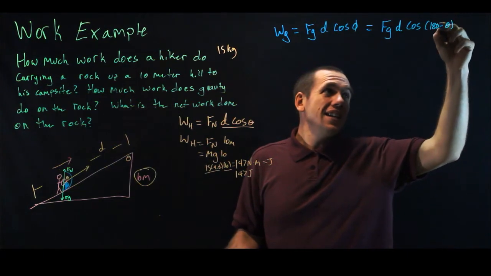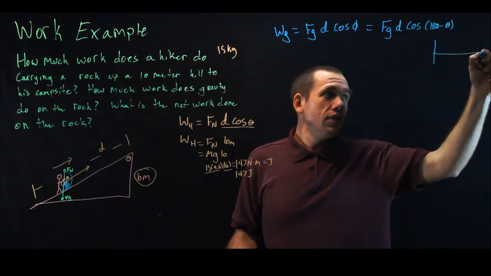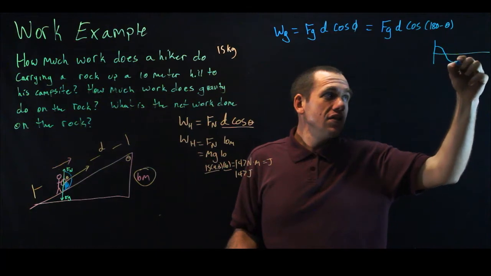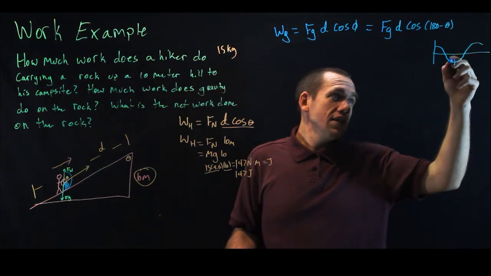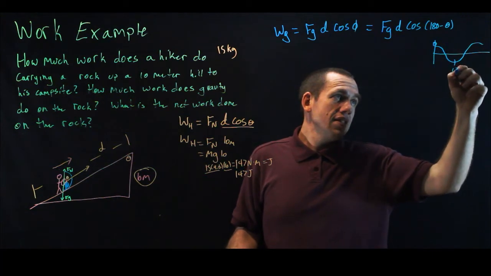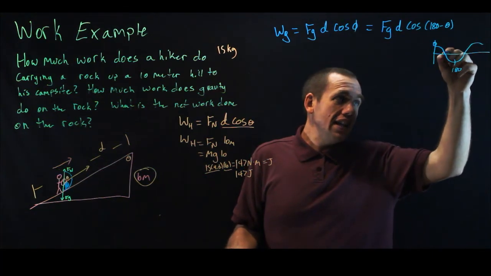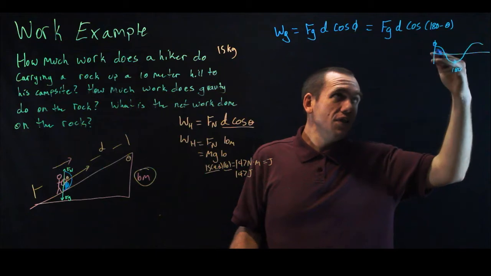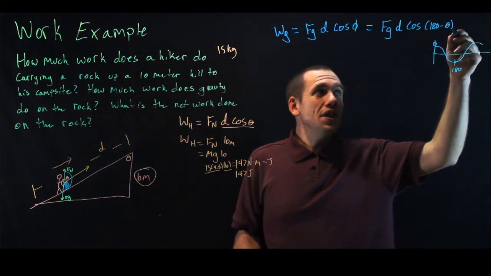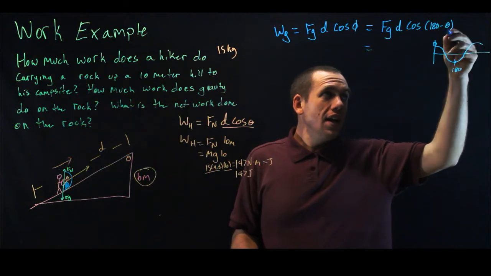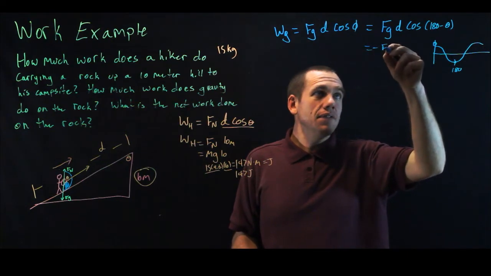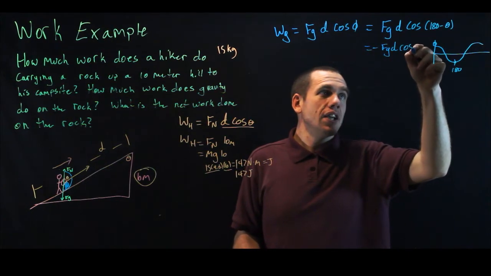Now what that does, if we look at a cosine curve, the 180 minus theta tells us we're 180 degrees away from where we were. So if this is 0, then this is 180. And we can see 180 degrees is the opposite. It inverts it. So this is the same thing as the negative of cosine theta. So this equals negative Fg d cosine theta.